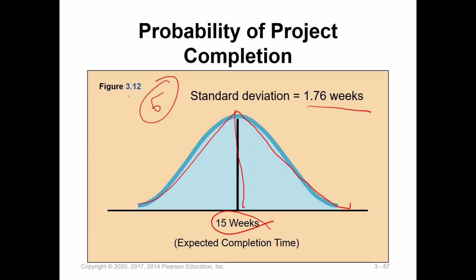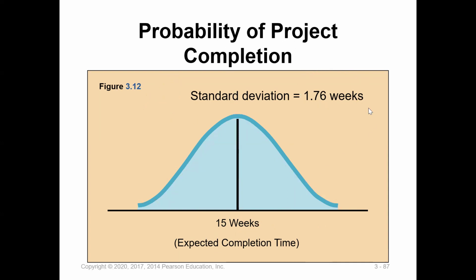So now it's easy. I can say, oh, what is the probability that we'll finish the project in 14 weeks? What is the probability that we'll finish the project in 17 weeks? It's easy because I have normal distribution, I have the average, and I have the standard deviation. So we will use the standardized value, find it, go to the table, find the probability.